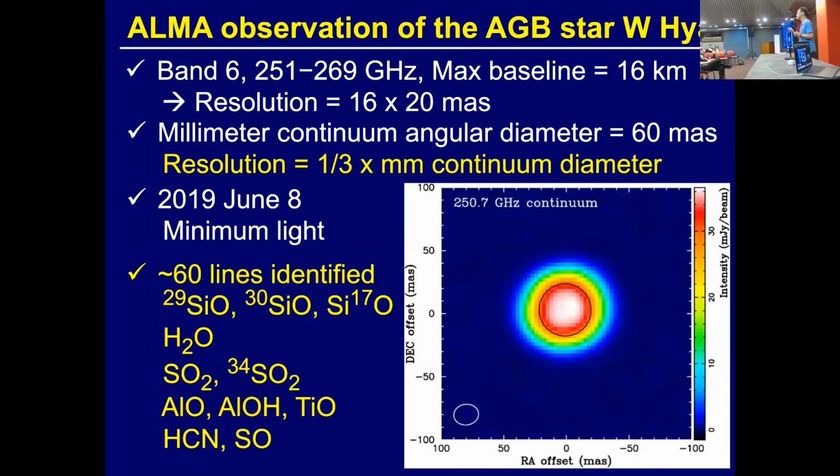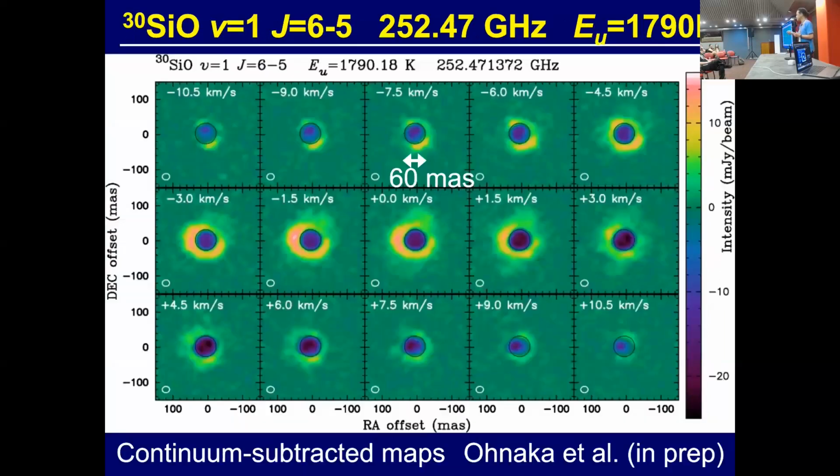I don't have time to present all these lines, so I'll be focusing on SiO and water and a little bit of sulfur dioxide. This slide shows the channel maps of the 30SiO line, from minus 10 kilometers per second, 0, and 10 kilometers per second with respect to the systemic velocity, or the star's velocity.